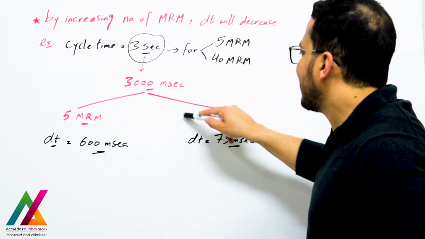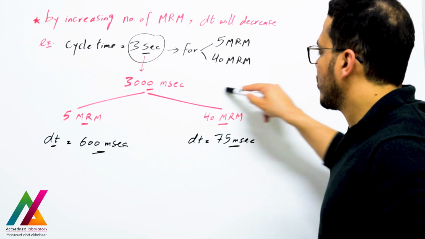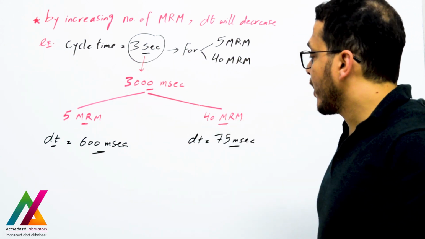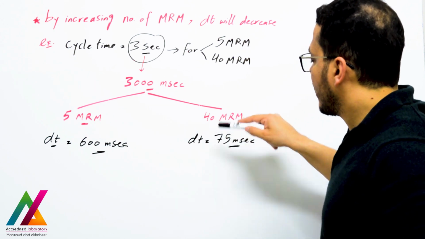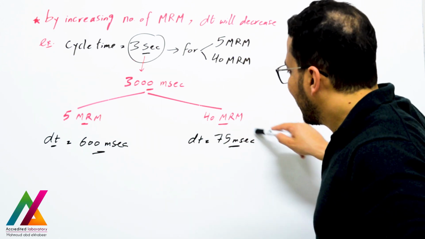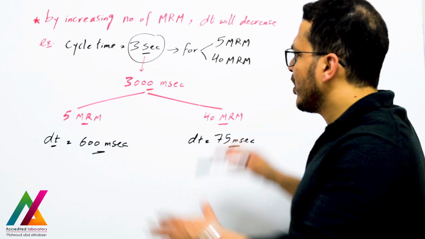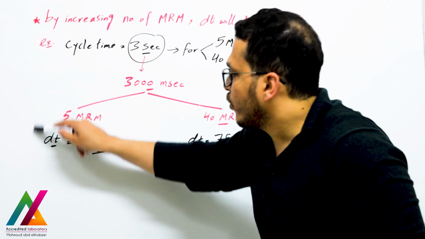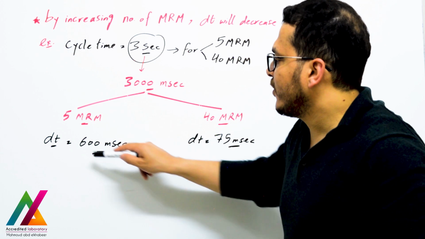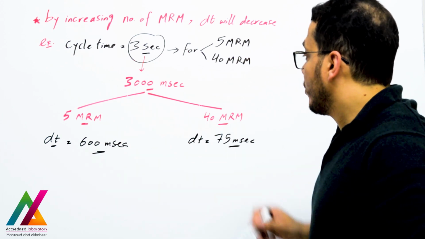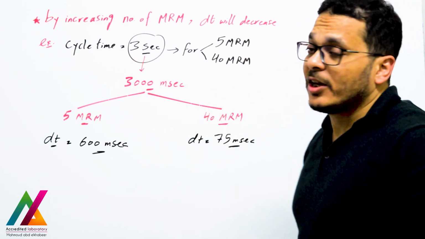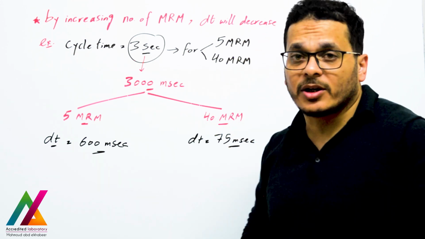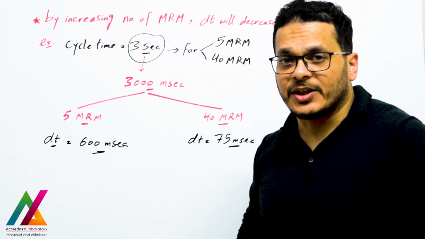When we increase the number of MRM transitions for the same cycle time to 40 MRM, 3000 divided by 40 will be equal to 75 milliseconds. We didn't consider the pause time here, but it will be the same. So for 5 MRM transitions, we have a dwell time of 600 milliseconds, but for 40 MRM, we have only 75 milliseconds. If we increase the number of MRM transitions, dwell time will decrease.